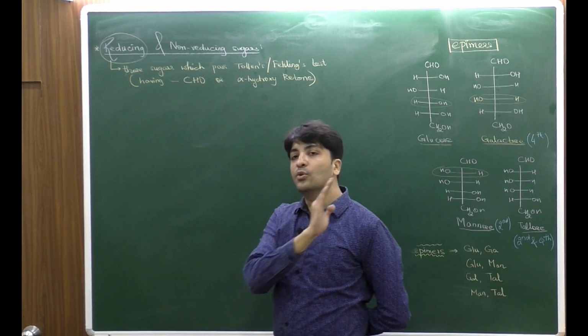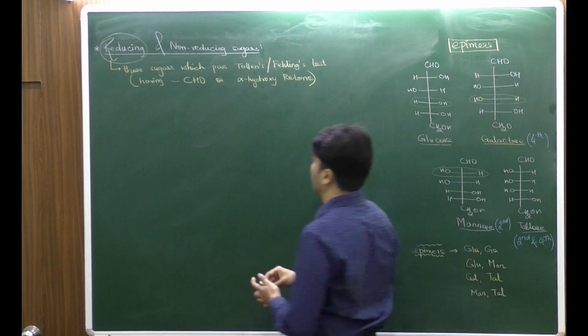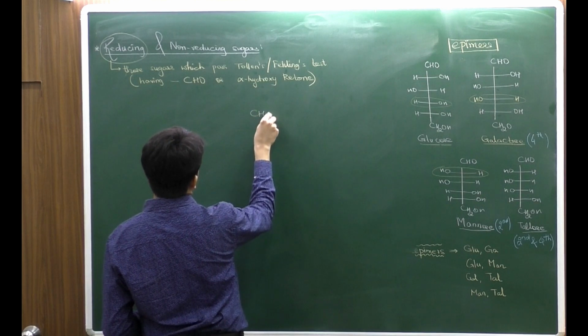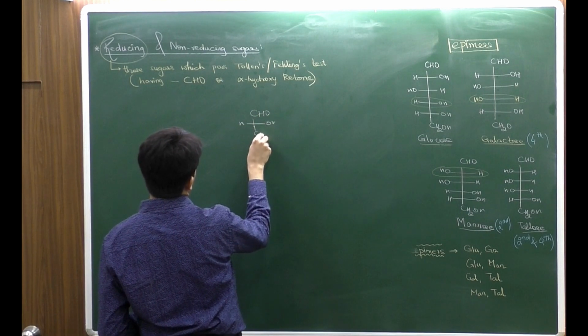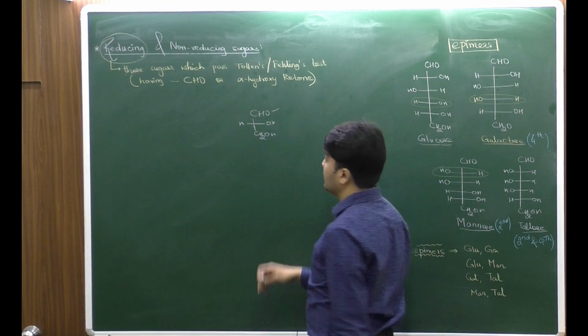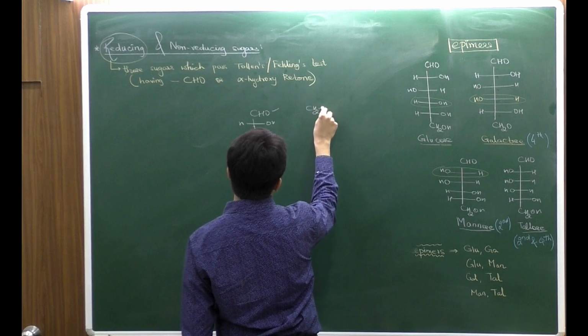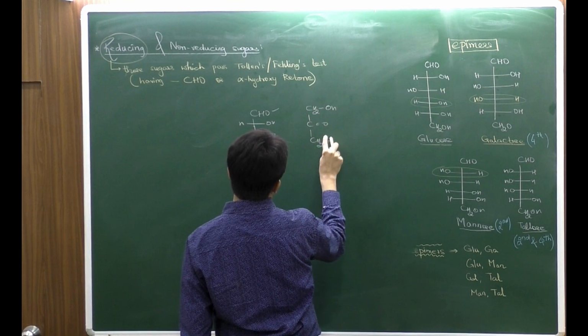Now if you look at the monosaccharides, the first one was glyceraldehyde: CHO with CHOH and then CH2OH. It contains an aldehyde group. Okay. Next we have CH2OH, C double bond O, CH2OH.